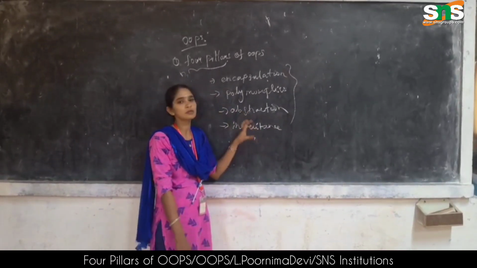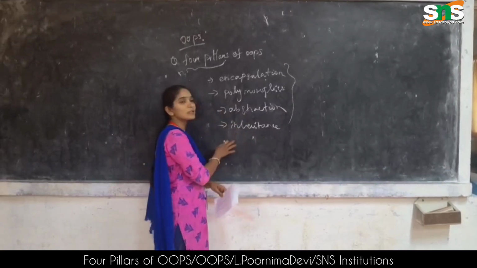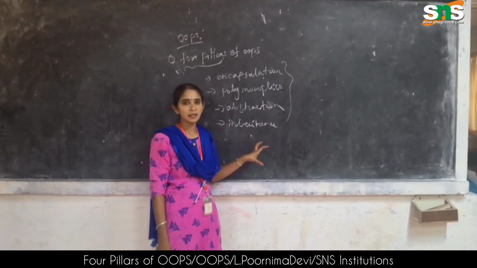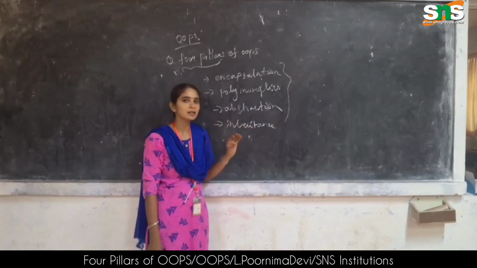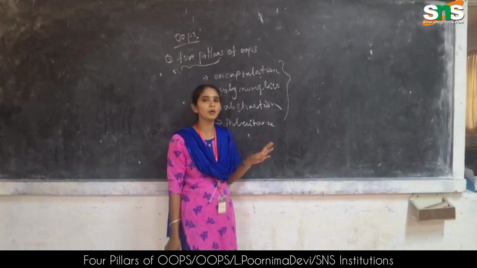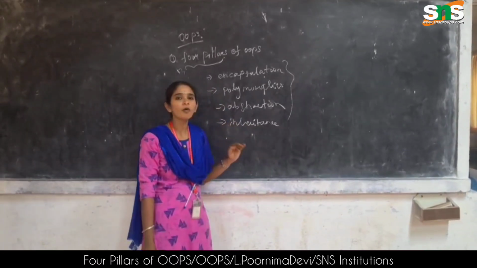So why do we say that? These are the main concepts used for code reusability. Once we have written the code in our program, we need not rewrite the program for the same concepts. That's why we use the four pillars.